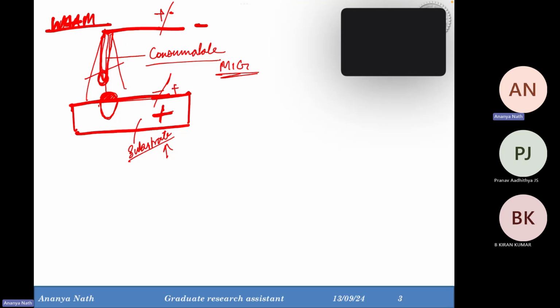Also, in case of laser, there will be a focus point, and laser welding takes place at the focus point. Laser will look like this. This is the Rayleigh range.